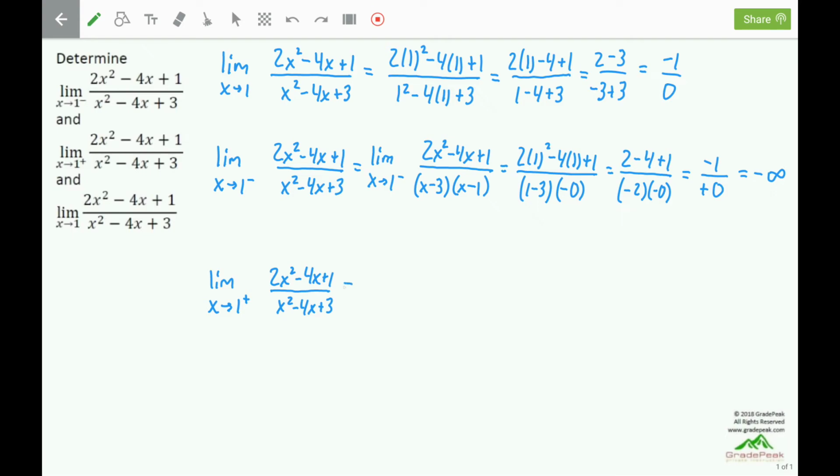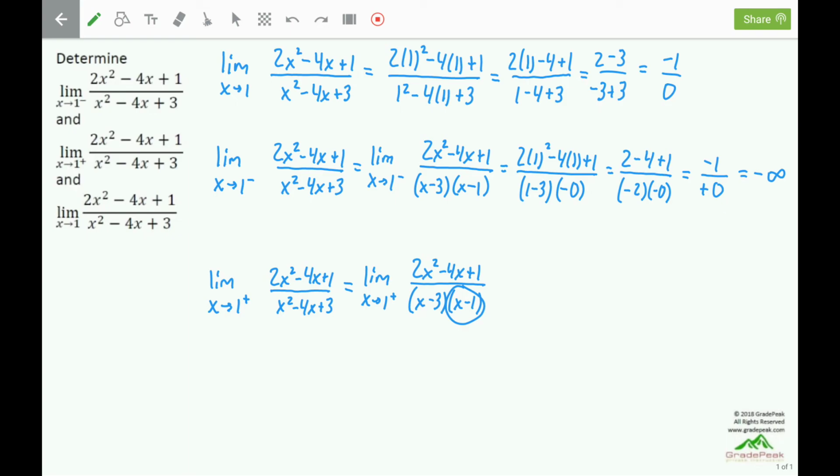The right-sided limit will work out in a similar fashion. We'll leave the numerator alone. Factor the denominator. The factor that's making the 0, focus on that. X is approaching 1 from the right side.